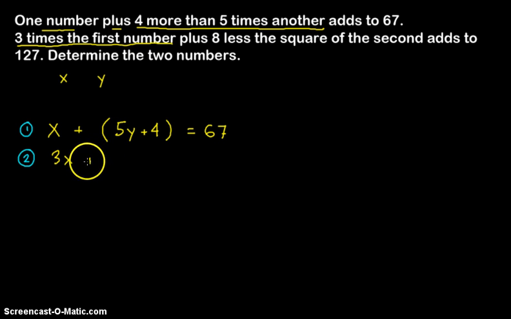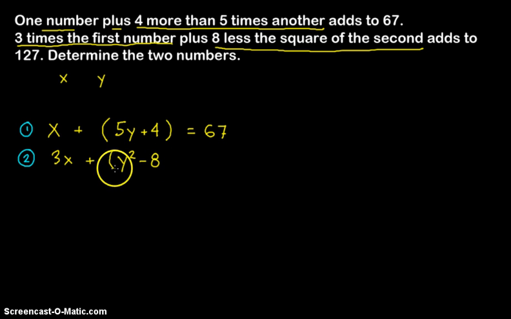Plus, okay, here we go, another weird one. 8 less the square of the second. So it's 8 less than the square of the second. So if I took the square of the second one, squared the second one, and I took 8 less of that, so minus 8.